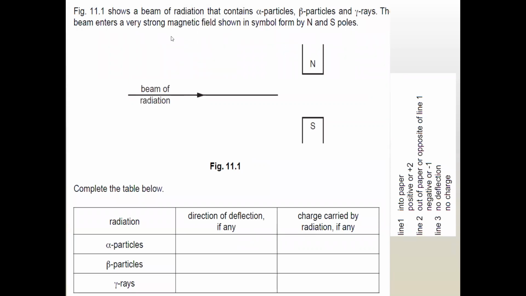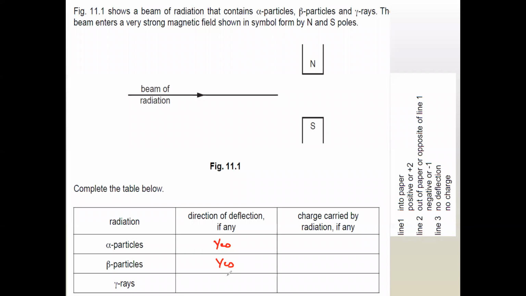In this question, the figure shows a beam of radiation that consists of alpha particles, beta particles, and gamma. The beam enters a very strong magnetic field. Complete the table below. Deflection: is there any deflection for the alpha particle? Yes. For beta, is there any deflection? Yes.